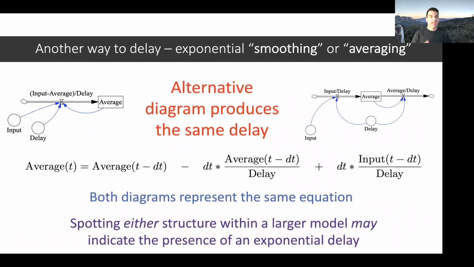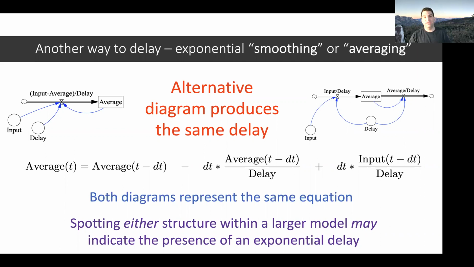Okay, so that's the basic structure of what goes on behind a smoothing delay, and there is an alternative way that we can draw it. Instead of drawing an input minus an average showing up as the net inflow, we can say the input divided by the delay is like the inflow, and the average divided by the delay is like the outflow. This makes it look almost like a birth-death type of process, where if this was the number of bacteria in a system, this is almost like the deaths, where the delay here is the average time until they die.